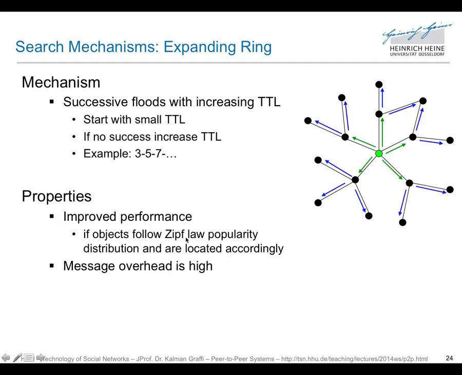So we have, on average, an improved cost. We have less costs because most of the queries are solved only in a small surrounding, and we don't reach too far. We don't generate unnecessary messages. The message overhead is still high, but we are still able to find all documents if we increase the time to live more and more. And on average, the costs are a little bit smaller.